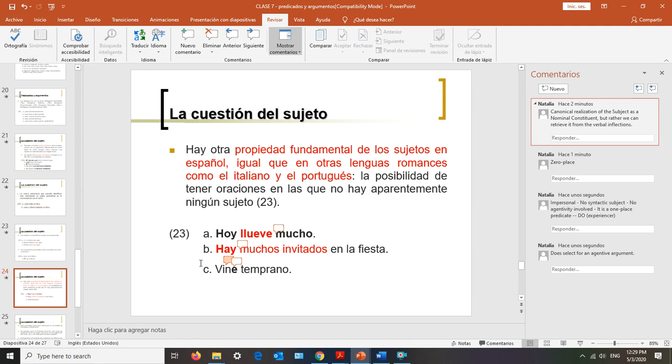subject, given the inflectional features that the verb has, and allowing for, therefore, the retrieval of the referent of the subject that is not canonically represented by means of a nominal constituent in preverbal position.